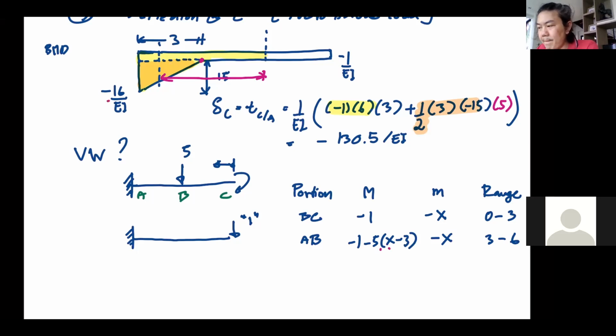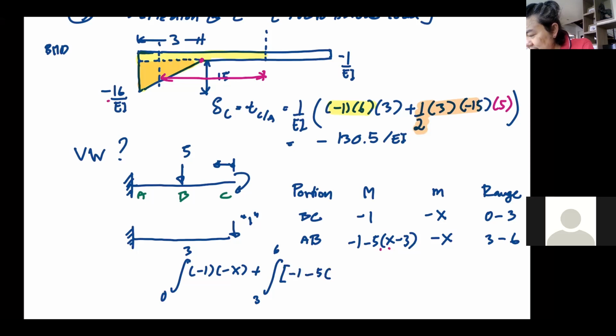So the virtual work would be the integral, EI is constant, right, from 0 to 3 of (-1 minus x), plus from 3 to 6 of (-1 -5(x minus 3)) multiplied by minus x.